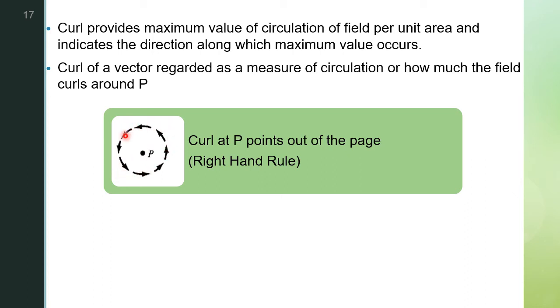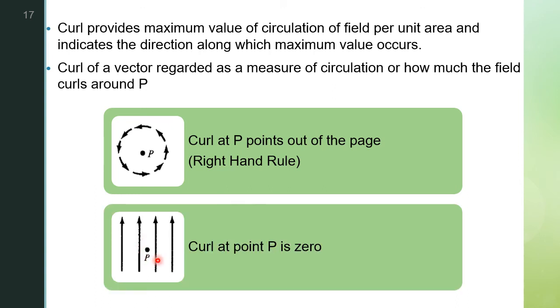If you take the right hand thumb rule around this vector field, the curl will be pointed out of the page. But when you consider this figure, it doesn't have any rotation about the point P. Thus, it is having zero curl about the point P. That is, if it has a rotation, it will have a curl, and if the vector is not having any rotational properties, then the curl will be equal to 0.